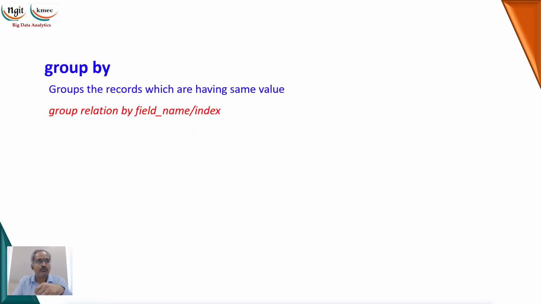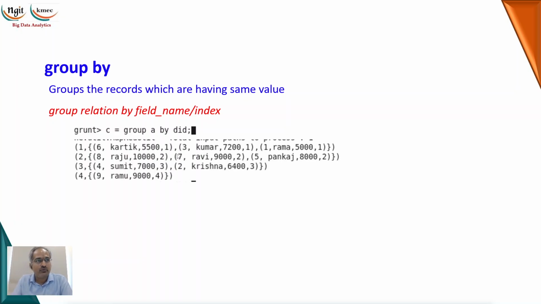Group by. The group by command will group the data set. It will group the relation by a particular column. Now you can see that C equal to group A by DID, department ID. Whenever you give this, the result will be department IDs. We have 4 department IDs: 1, 2, 3, 4.